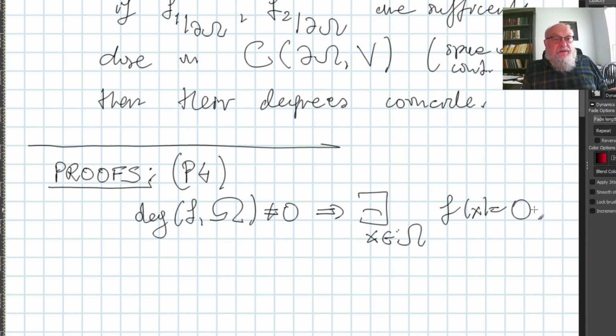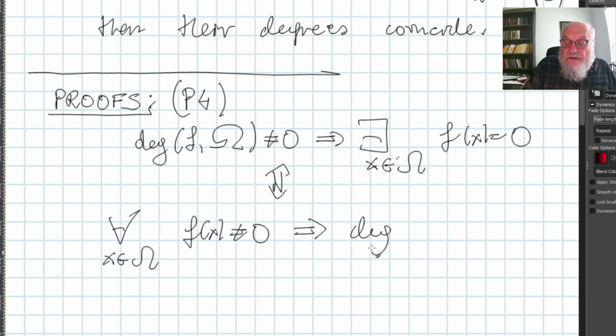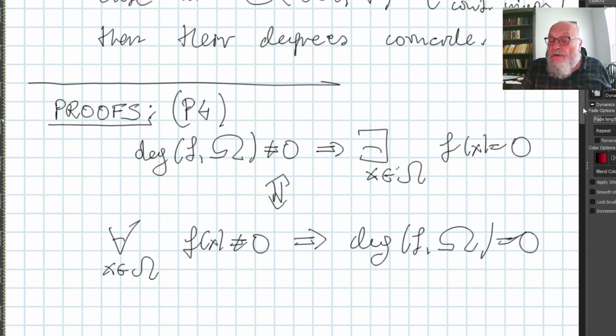So of course this statement is equivalent to show that if for every x belonging to omega, we have f of x is different than 0, then we are getting here the degree of f of omega is equal to 0. So that's what we need to show.